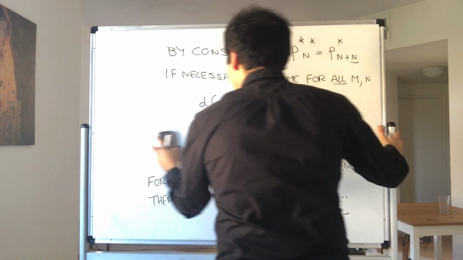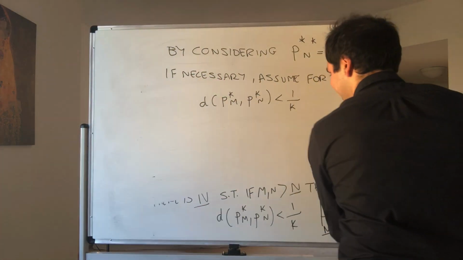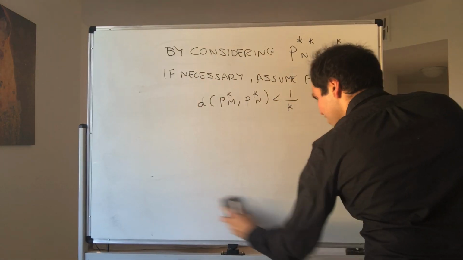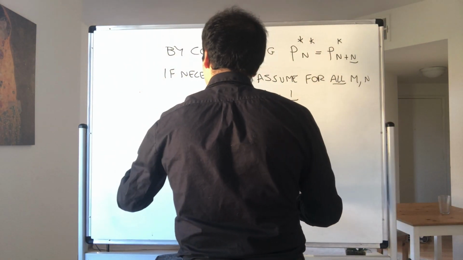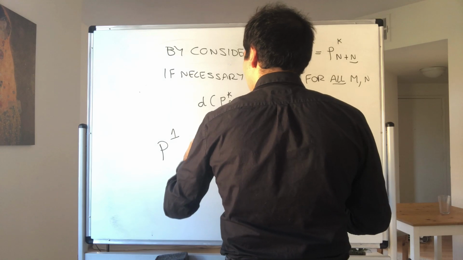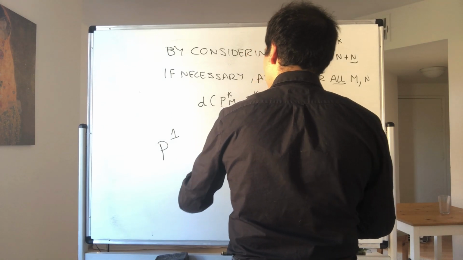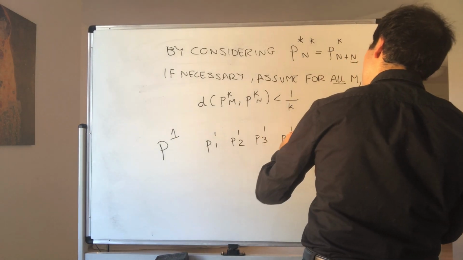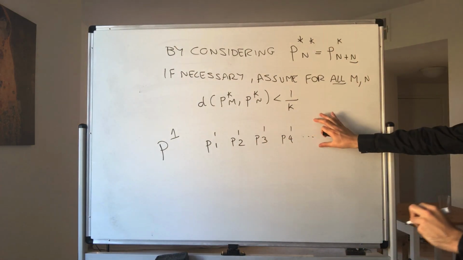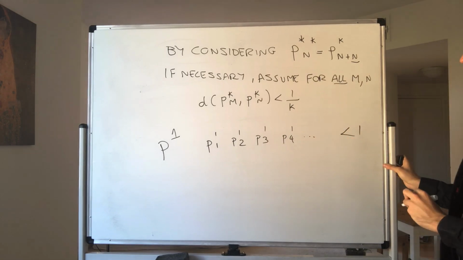And here's why we need that. So what do we get? For k equals 1, we have P_11, P_12, P_13, P_14, etc., where all the terms are at most 1 apart.